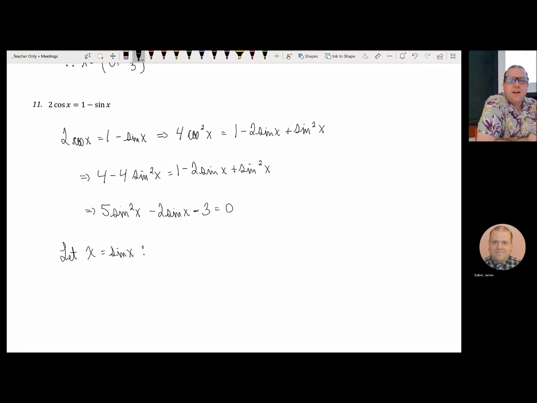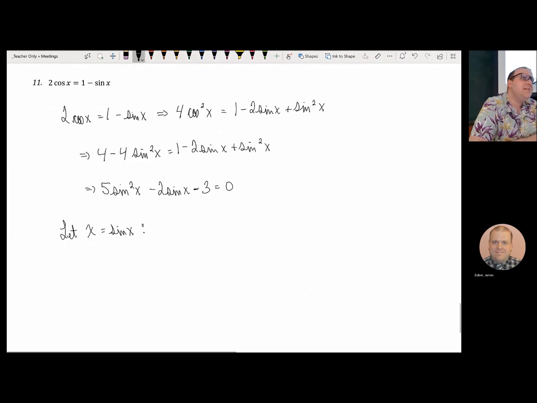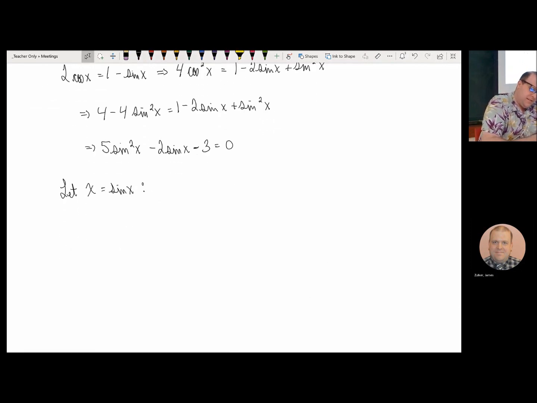Let chi be sine of x. Five chi squared minus 2 chi minus 3 is equal to 0.